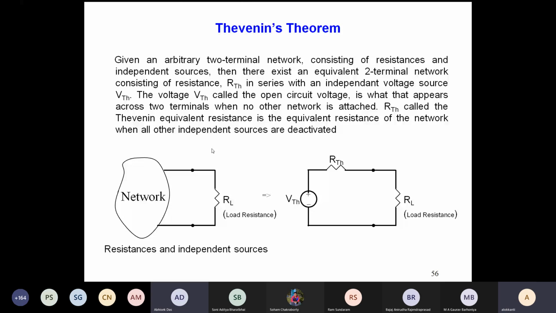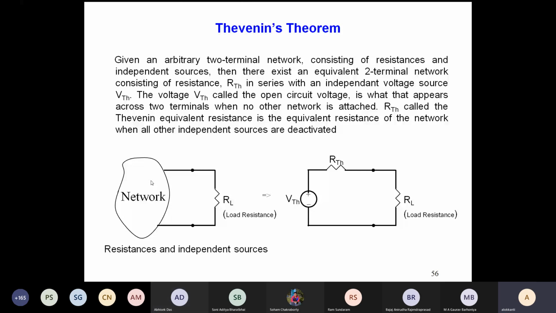And what is RTH? RTH is basically the equivalent resistance of this network, looking from these two terminals, when all the sources are deactivated. This network consists of several independent sources, so you deactivate all the sources, and we know the meaning of deactivation.